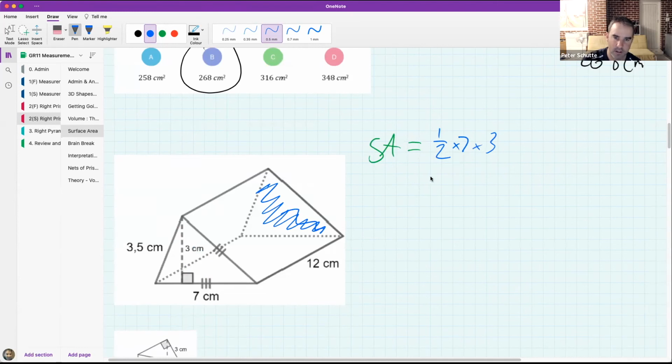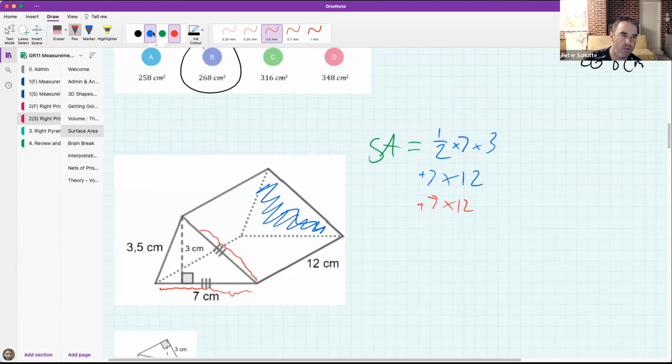One is 7 times 12, and the other one is also going to be 7 times 12, because these two are equal in size.